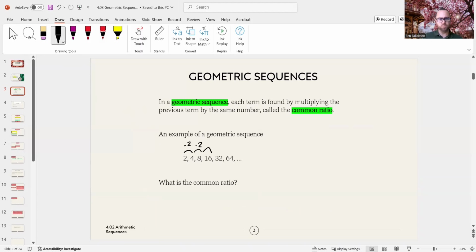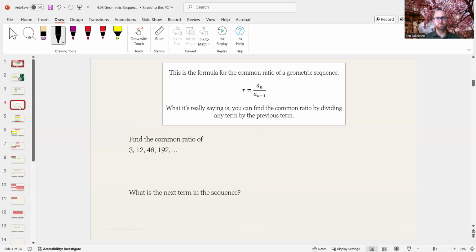Times 2, times 2. Yes. So we're multiplying times the same number every time. So the common ratio R is 2. Now you know what makes a sequence geometric and that we're going to have R instead of D.